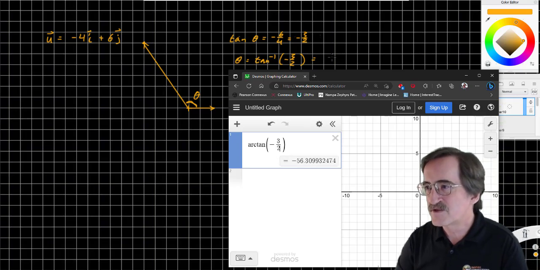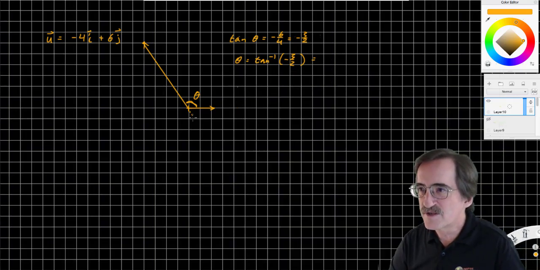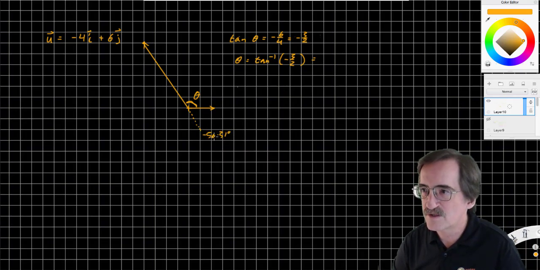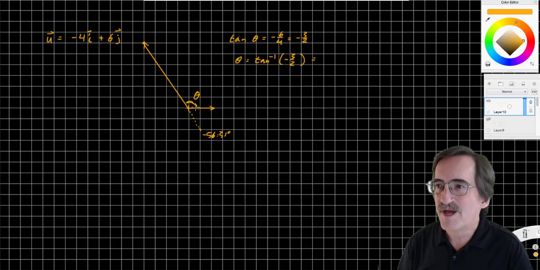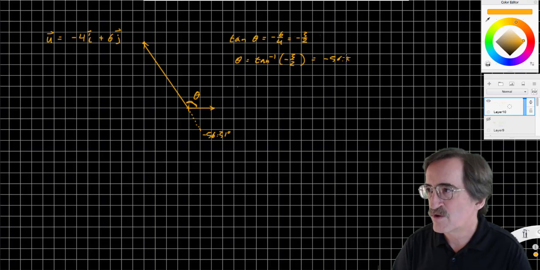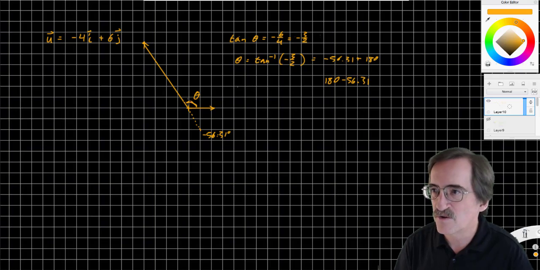Okay. Negative 56.31. So that's this angle right here. Negative 56.31 degrees. But that's in the wrong quadrant, right? And that's because of the restrictions. So we need to add 180 to that, right? So negative 56.31 plus 180. Or you can think of it as 180 minus 56.31 if you look at it in terms of this angle here, where this is 180 and this is 56.31 degrees. Okay?